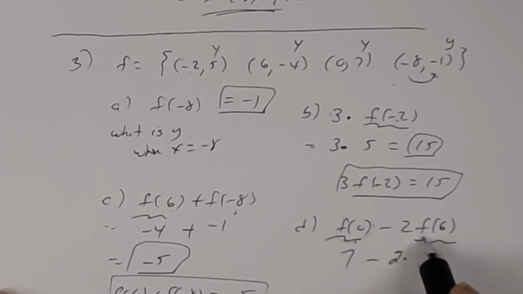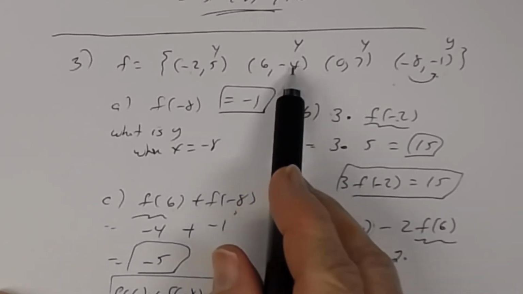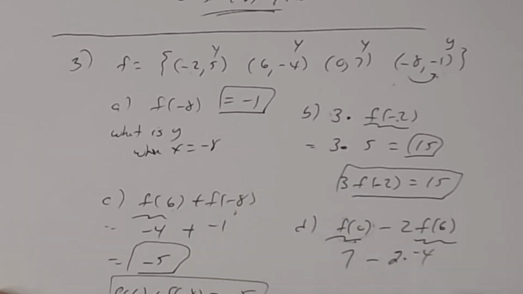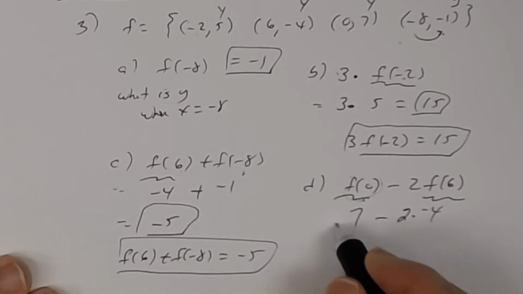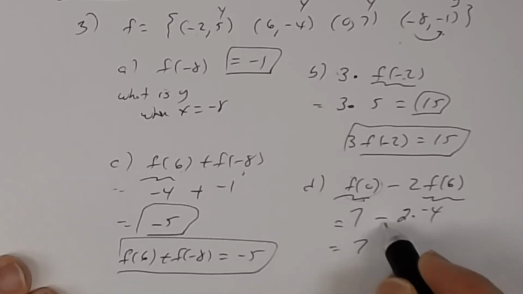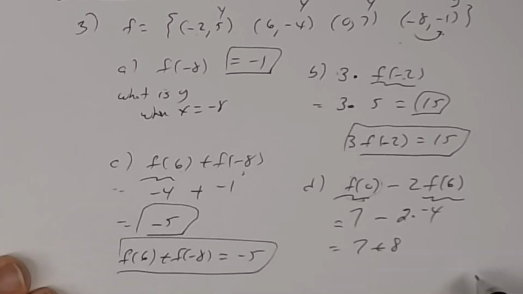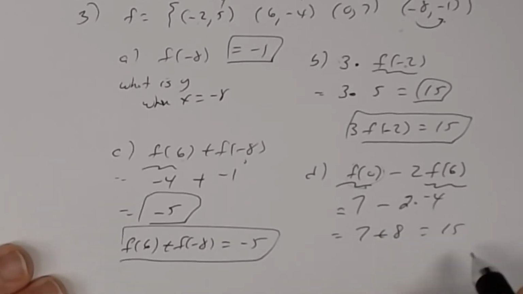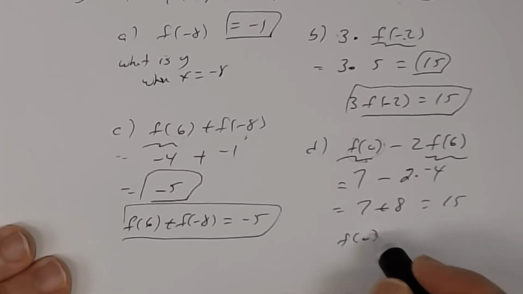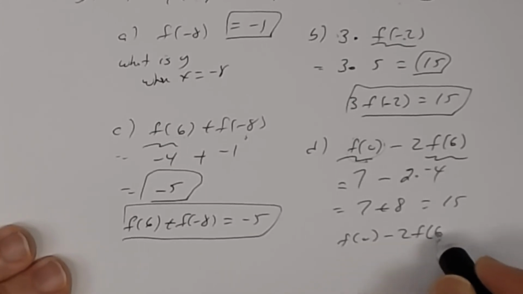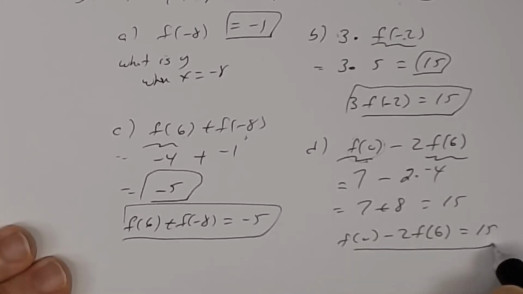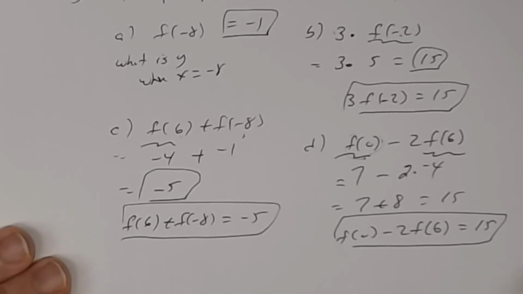When x is 6, my y value is -4. So this becomes 7, a -2 times a -4 is a +8, and so you get 15. So f of 0 minus 2 times f of 6 equals 15.